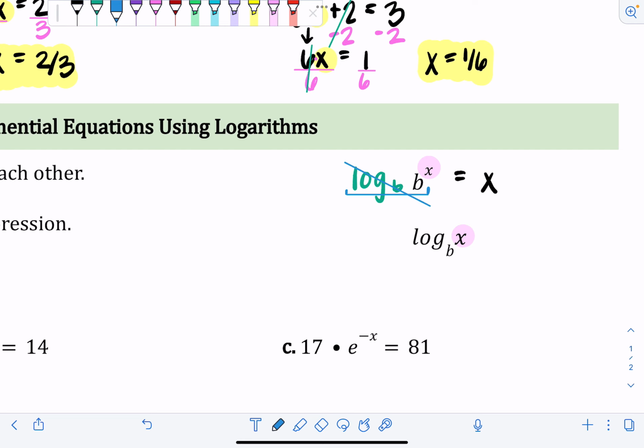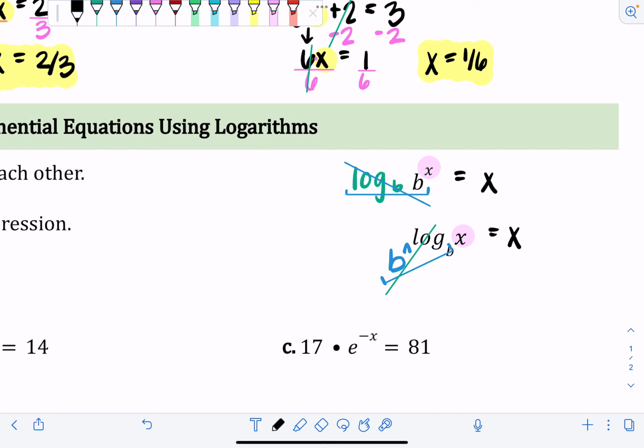If I were to exponentiate this, that means I take b as the base of an exponential, and then I raise it to the log base b of x. That's called exponentiating, when everything in the original line turns into an exponent. And then these two together cancel each other out, and I would just be left with the x.